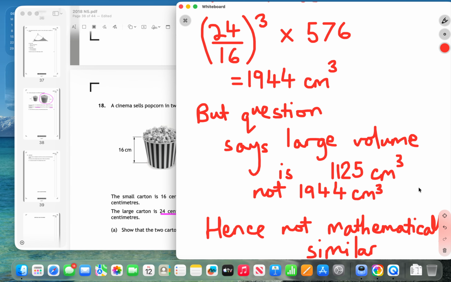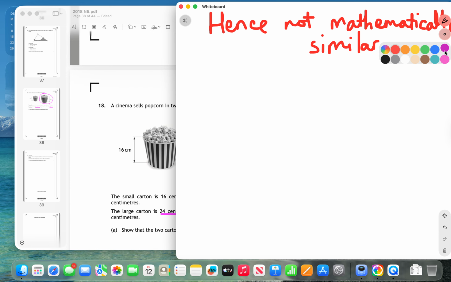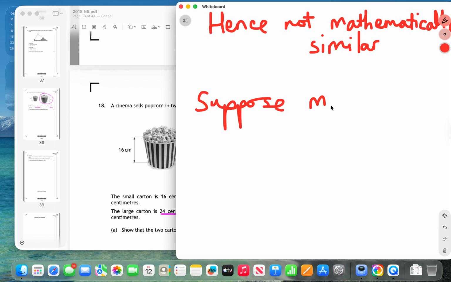So what I'm going to do is start the whole thing again, and I'm going to say, suppose I'm going to write MS. Do not write MS in the exam, but I'm doing it for shorthand because we've already done something similar. So suppose they're mathematically similar. We want the linear scale factor.